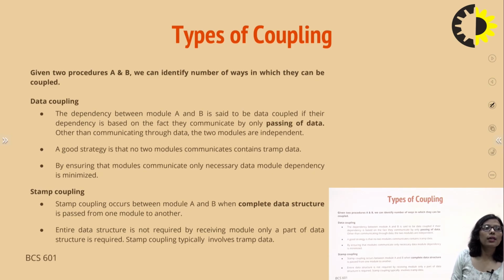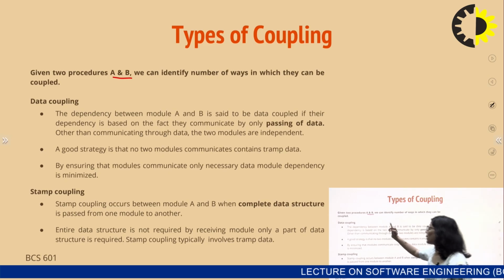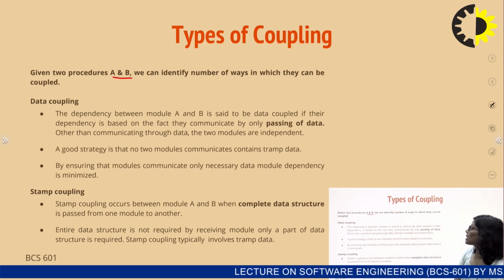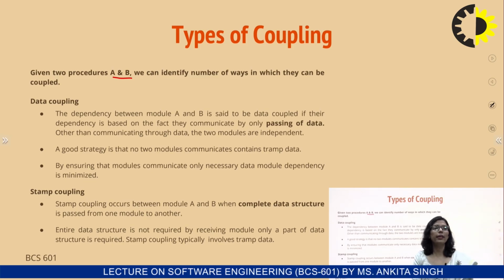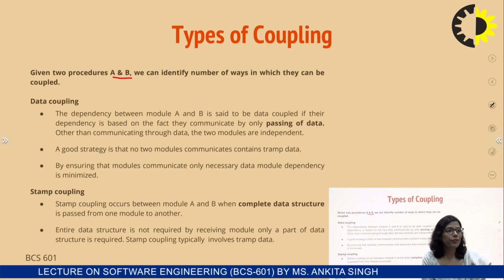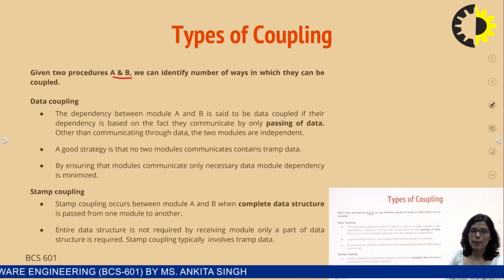Now, the first is data coupling. Before explaining any type of coupling, consider a scenario where we have two procedures or two modules A and B, and we have to identify how they are coupled with each other through these various types of coupling.